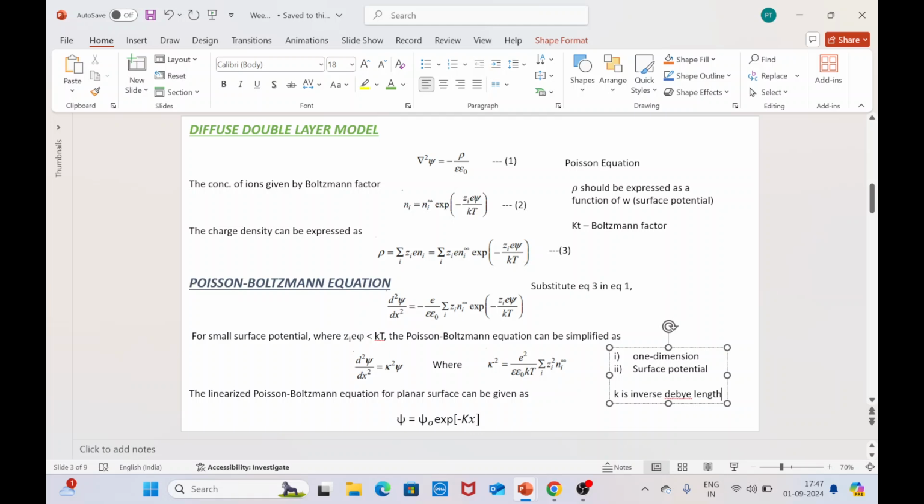Kappa is just a symbol's name, like lambda. So this is the inverse of the Debye length, and the Debye length is nothing but kappa inverse.